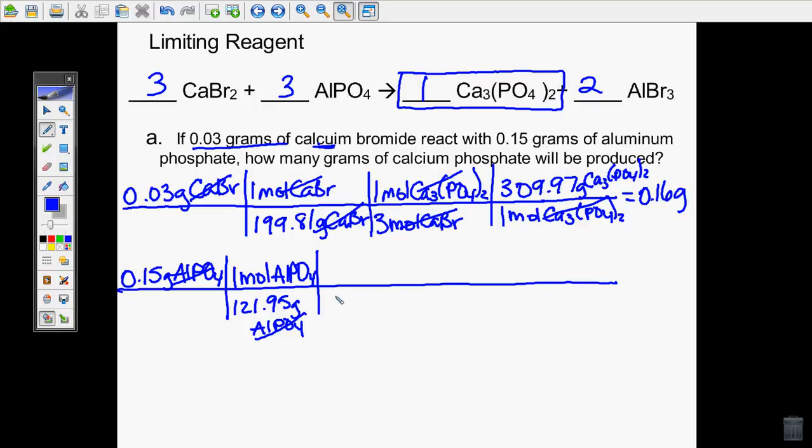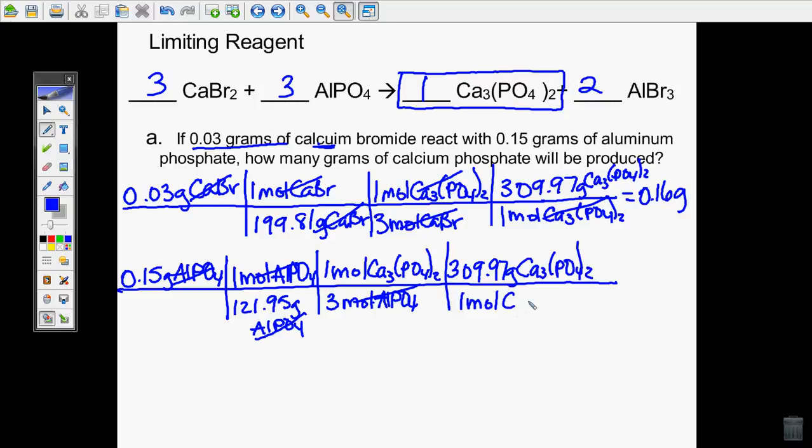From my equation, I know for every 3 moles of aluminum phosphate, I have 1 mole calcium phosphate. That cancels. And again with my molar mass, to get to grams, I get, when I multiply across the top, divide by what's on the bottom, 0.19 grams.